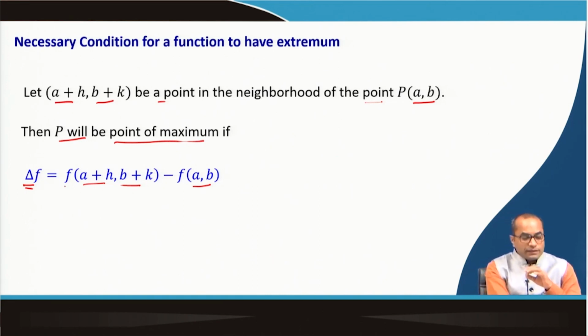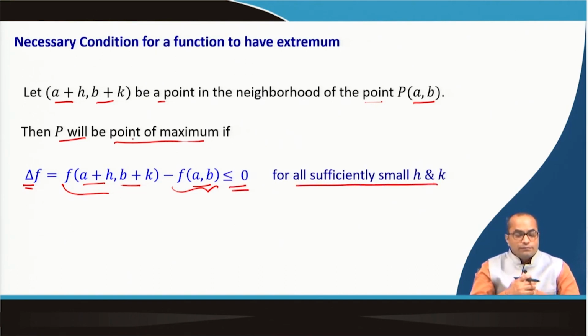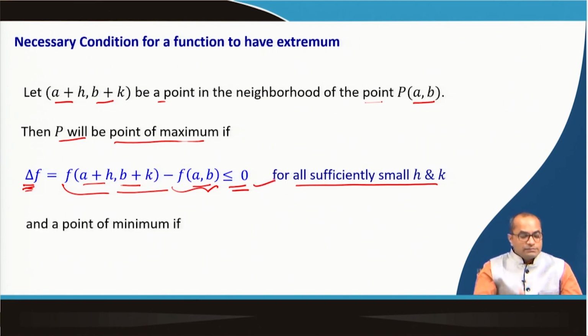So, this will be less than or equal to 0 for sufficiently small h and k, because we are saying that p is a point of maximum. In that case, this delta f has to be less than or equal to 0.